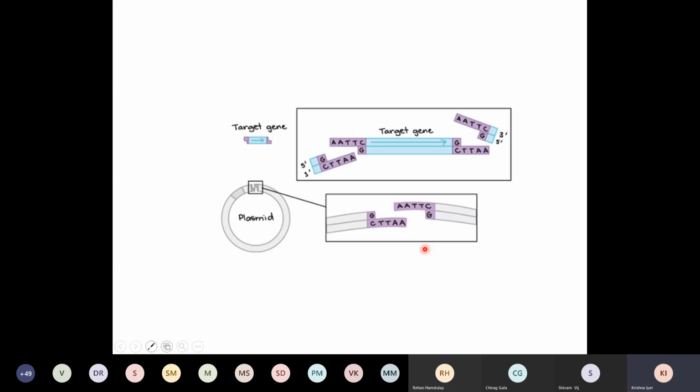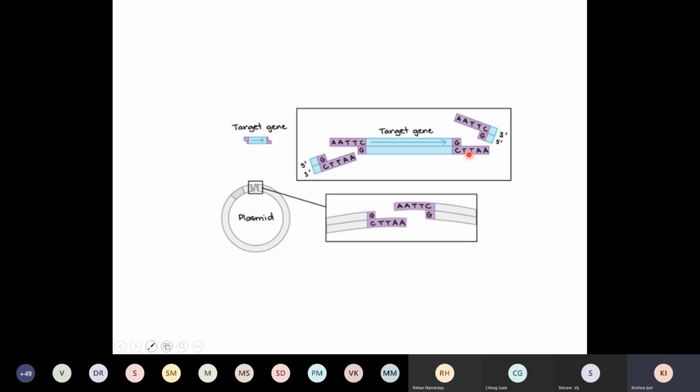Now, if you have the insight, you will realize that this piece here, which is TTAA, is actually complementary to this TTAA, while this end, which is TTAA, is complementary to this, which is AATT, which means that if this piece is able to slip in here, this end will be complementary to this, and this end will be complementary to this.